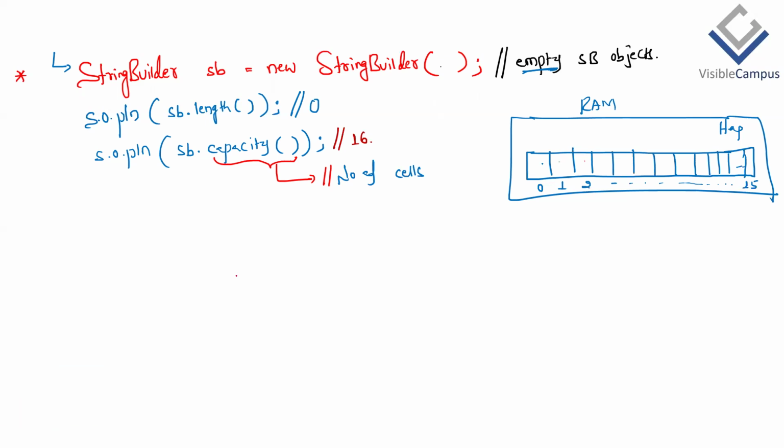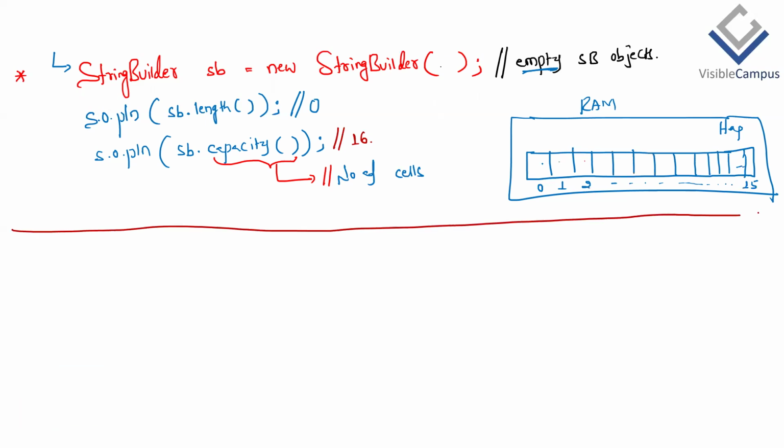Then if I go for one more syntax, what is the syntax? Again, StringBuilder sb1 equals new StringBuilder. Previously I gave it empty, but this time I want to give some value, so let me take it as Java.